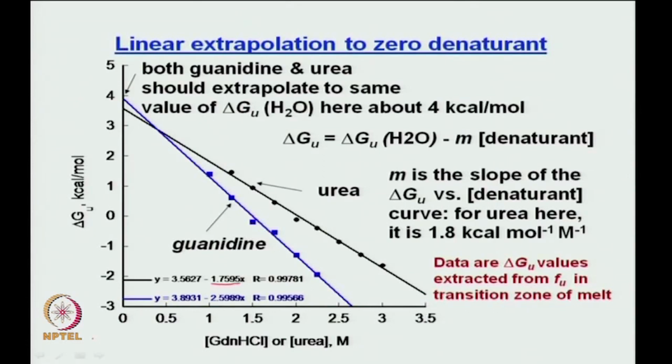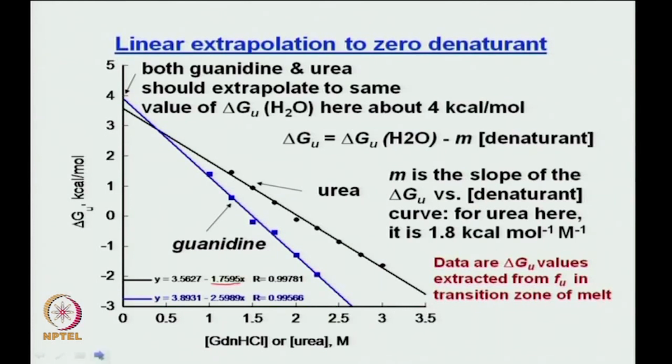Then there has to be some specificity or some change in the types of interactions when you have guanidine hydrochloride interacting with the protein as compared to urea interacting with the protein. The simple reason being, proteins have charged moieties too, especially on the surface. So, if you have a charge interacting with a charge as opposed to a polar molecule interacting with a charge, obviously the effect would be different. Is this difference arising from there?